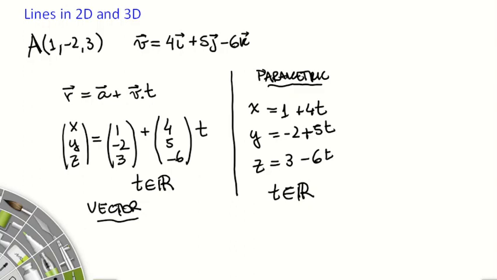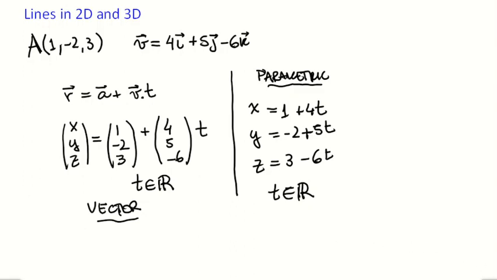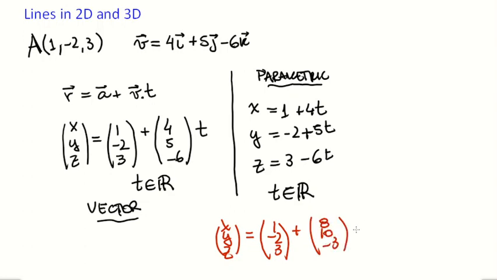I could have, for example, x, y, z equal to 1, take away 2 and 3 plus, why not, 8, 10, and take away 12, I don't know, k, and k is a real number.